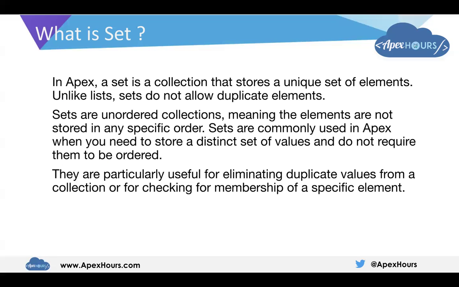So the basic difference between set and list is that a list can store duplicate values, but a set cannot. Sets are always used to store a unique set of elements. Also, sets are unordered, which means you cannot guarantee the order of the elements in the set.